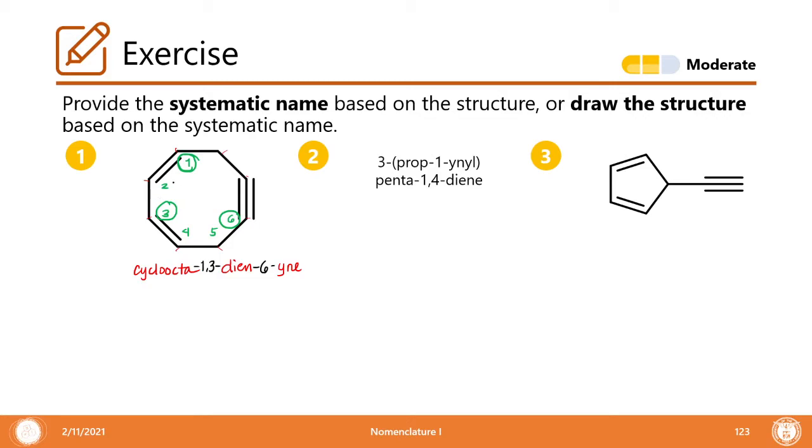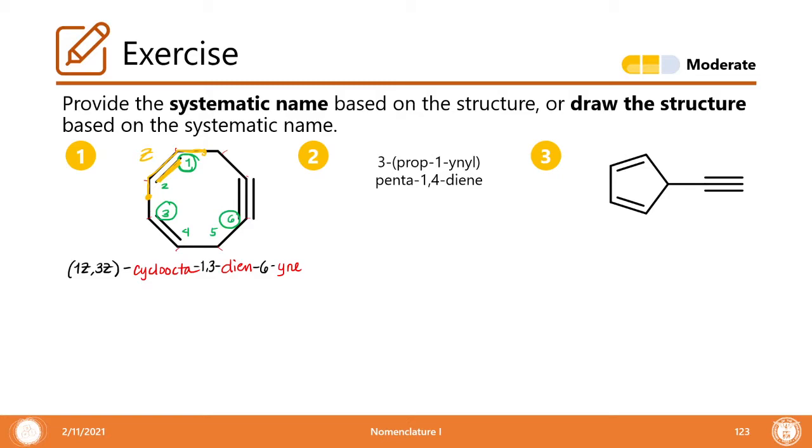So we have 2 alkenes, and since they are simple, you can probably guess that the alkenes are in a Z conformation. So at positions 1 and 3, there's a stereochemistry Z. There you go.